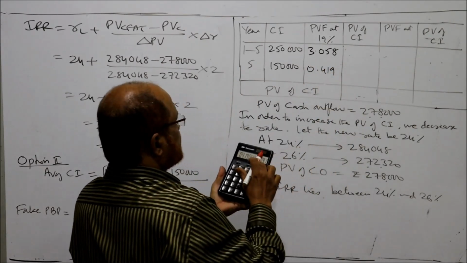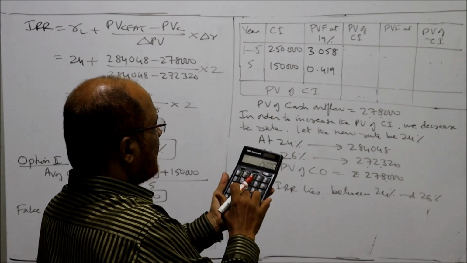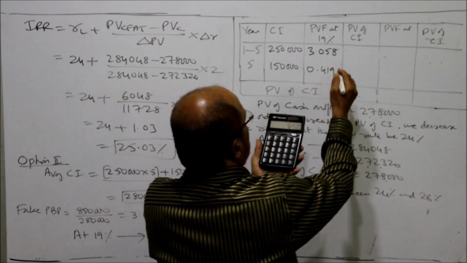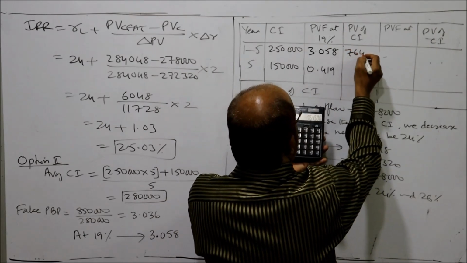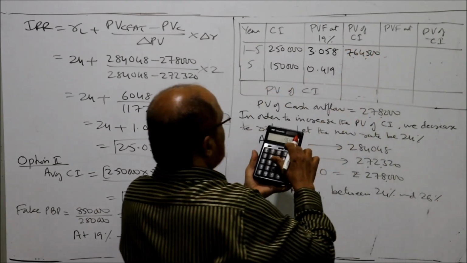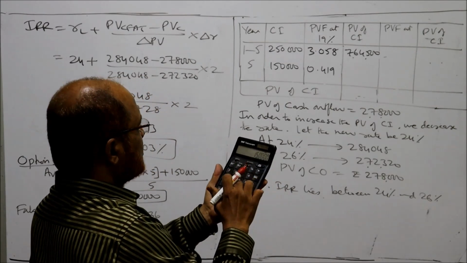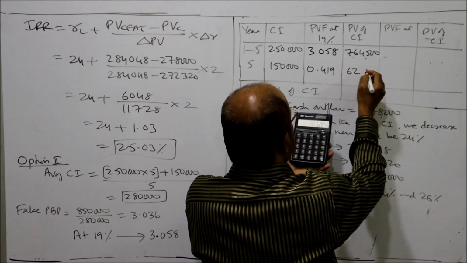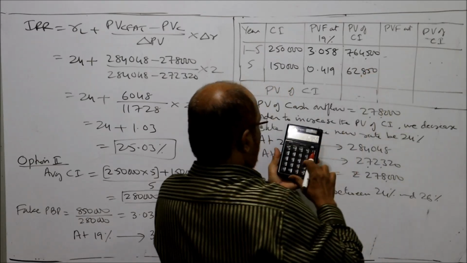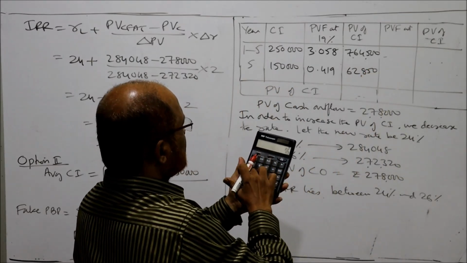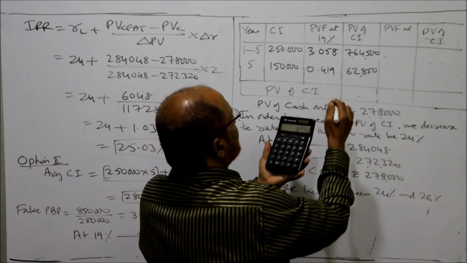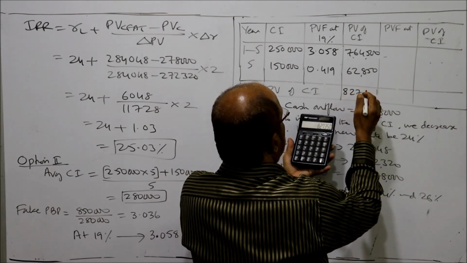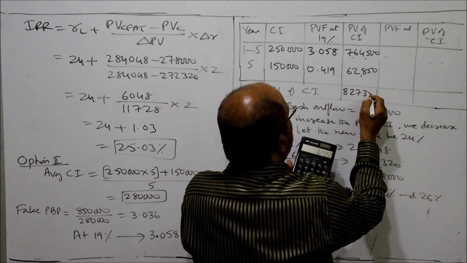0.419. Now multiply 2,50,000 into 3.058: 7,64,500. Similarly, 1,50,000 into 0.419: 62,850, plus 7,64,500 is 8,27,350.